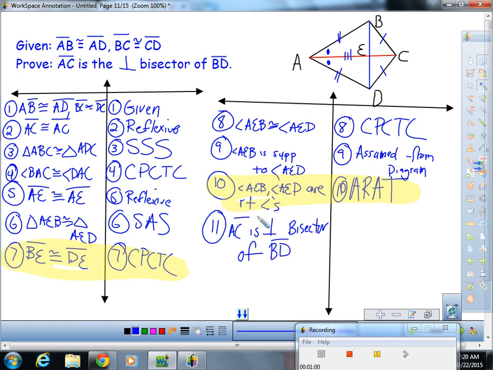And my reason? Definition of perp bisector. And then if I wanted to be a boss, I'd be like 7, 10.